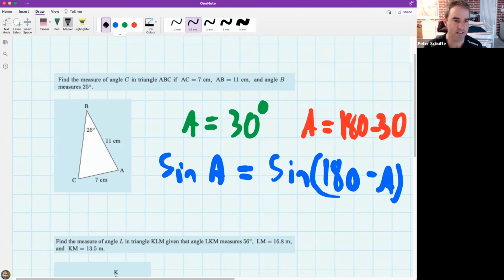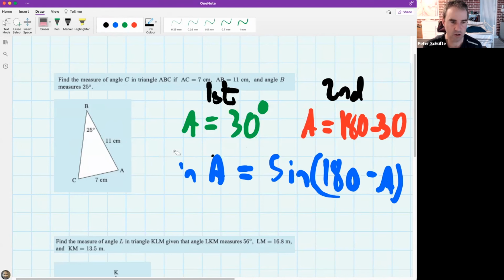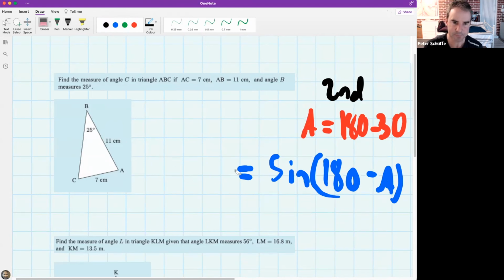And the way we get the second answer, if the first answer is this one, the second answer will always be 180 minus whatever the first answer was. And you need to use the diagram to decide which of the two answers makes the most sense in the diagram. Okay, but let's do this question so you can actually see it in action.